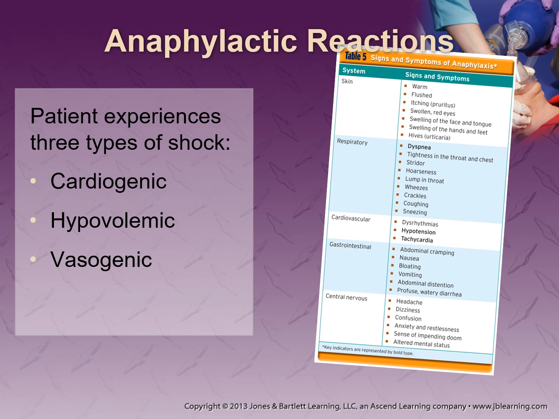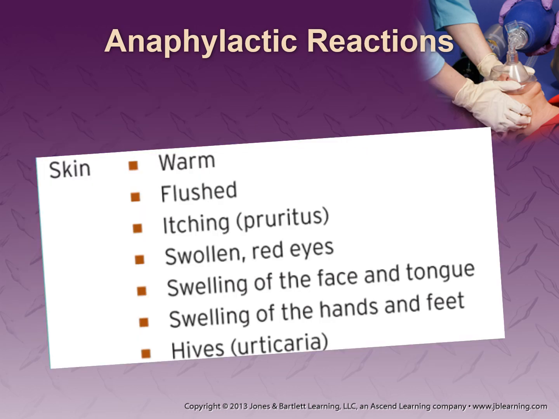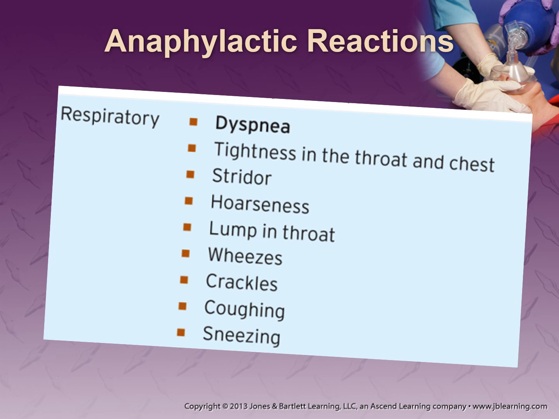The different types of shock that we're talking about with anaphylactic shock are cardiogenic, because it weakens the heart, hypovolemic because they're losing fluid, and then vasogenic because their vessels get so big. They're losing fluid to what we call third spacing. So all of the symptoms, again, on a table in your book: warm, flushed, swelling, hives, dyspnea.